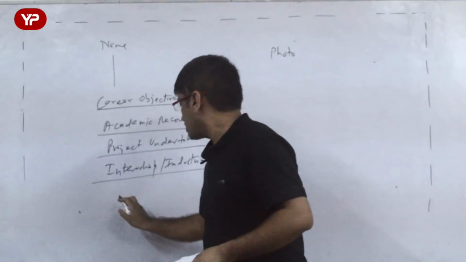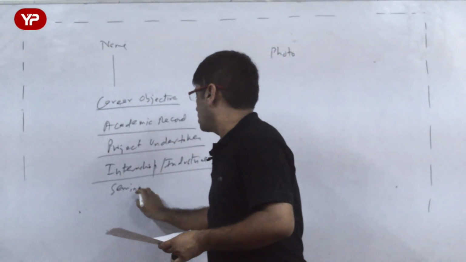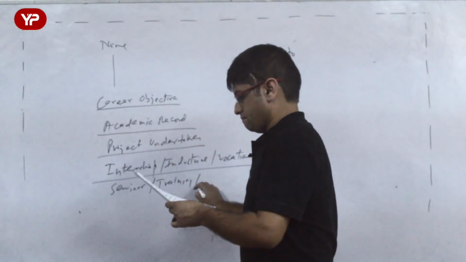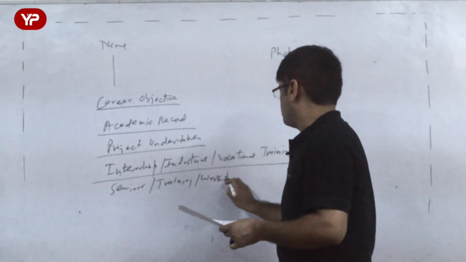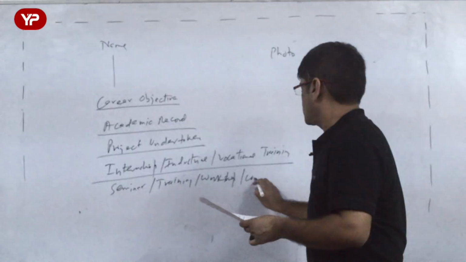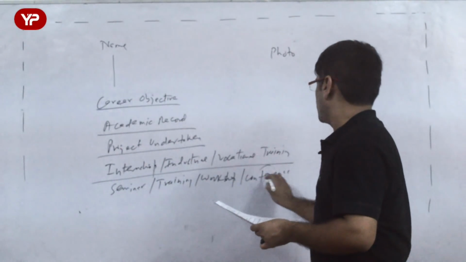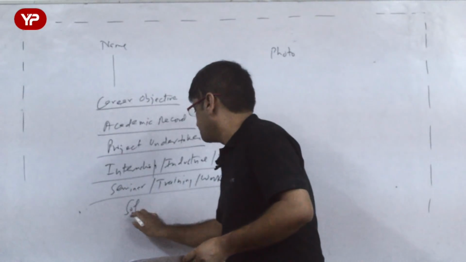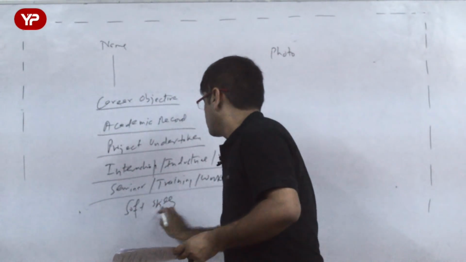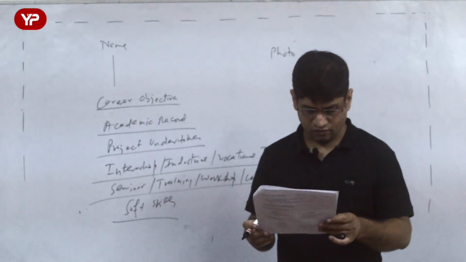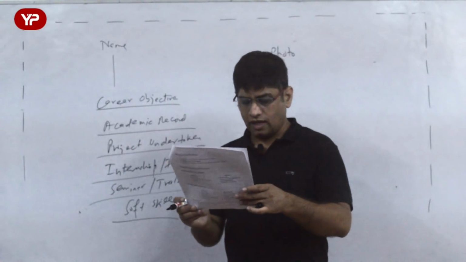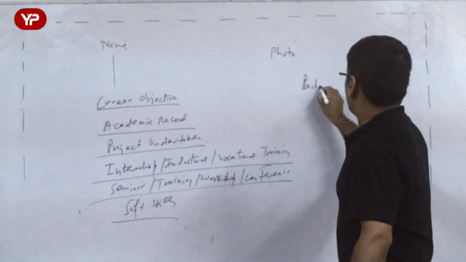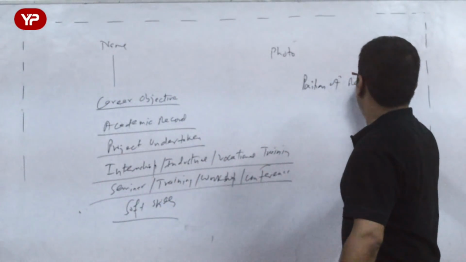Then comes seminar, training, workshop, conference, that is what another column will be. Then comes soft skills, in which you can write what are the software you have learned. Then you can write position of responsibility. Position of responsibility.